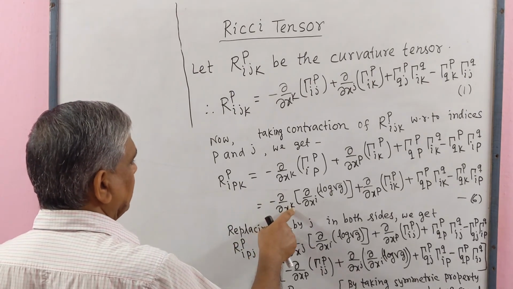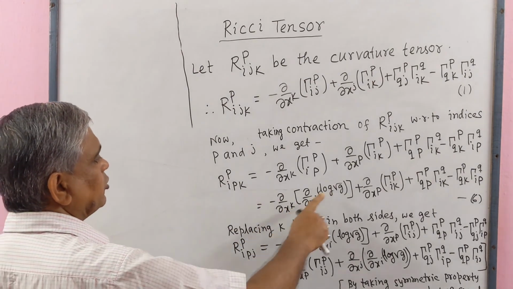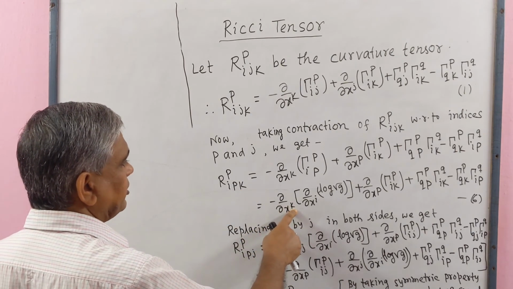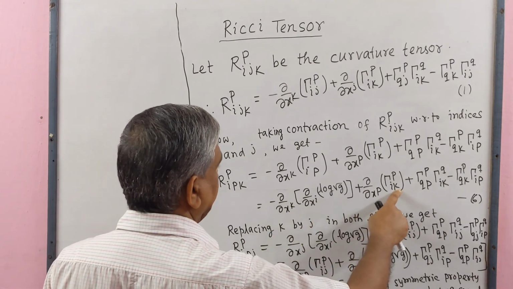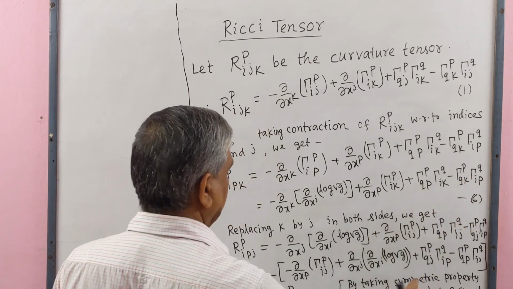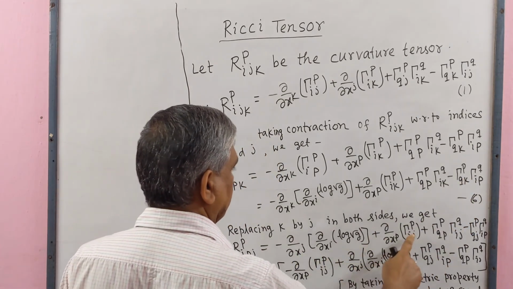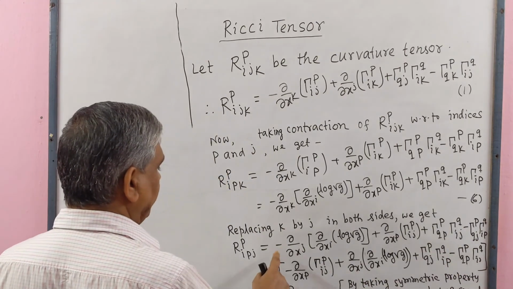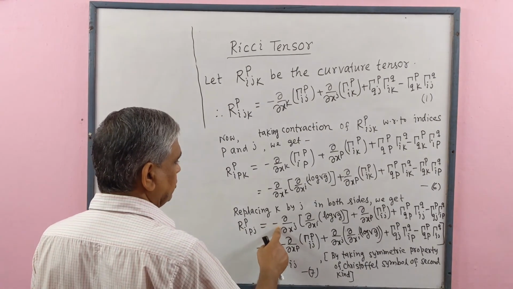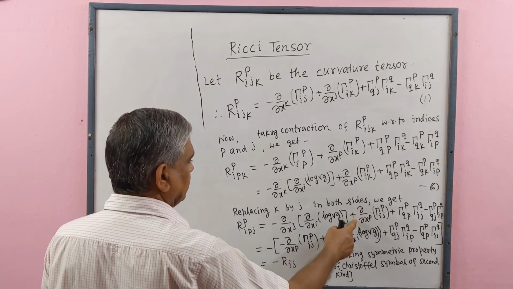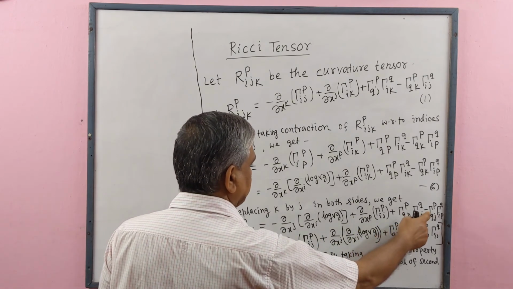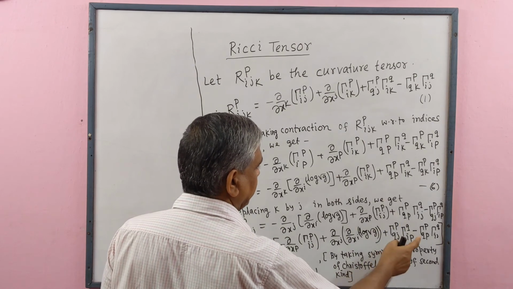Replacing suffix k by j on both sides, here we write j, here also we write j, here we also write j, here also we write j, here also we write j, and we get this. Now taking common minus, here this is the negative term, so this will be positive under bracket, this will be negative, this will be positive, and this will be negative.